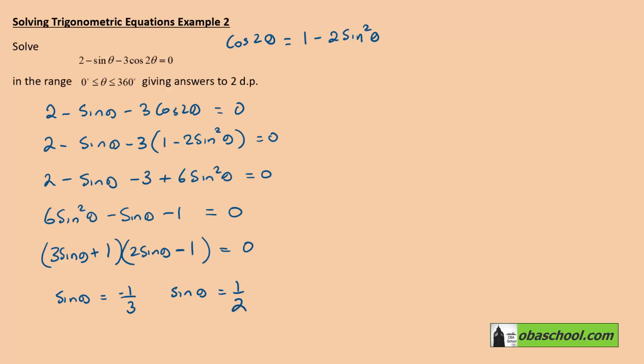Now sine theta is a half. That's nice and straightforward because this is one of our standard values. So principal value would be 30 degrees. Use our CAST diagram. And so we've got 30.